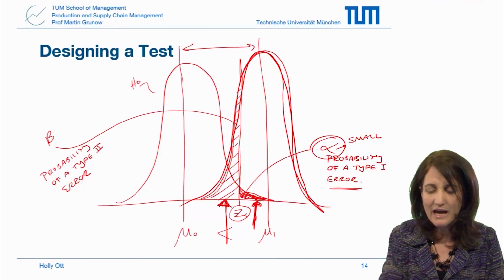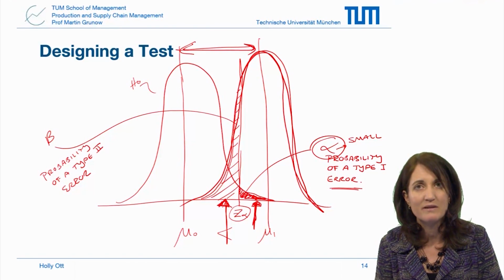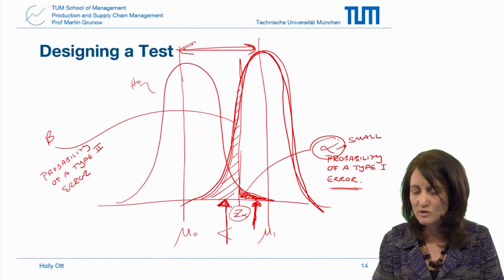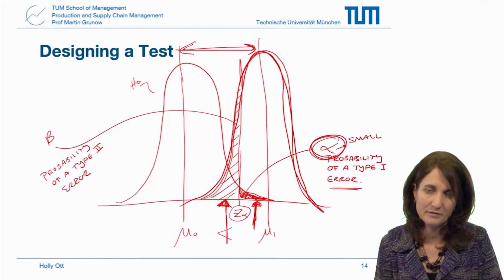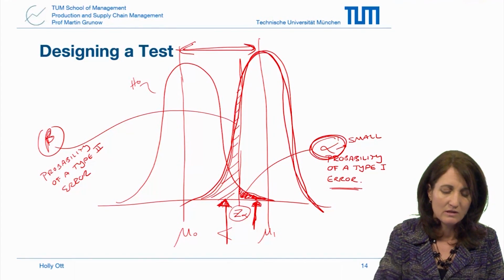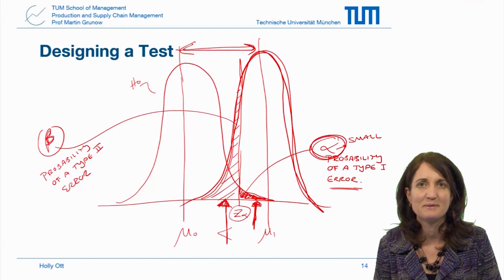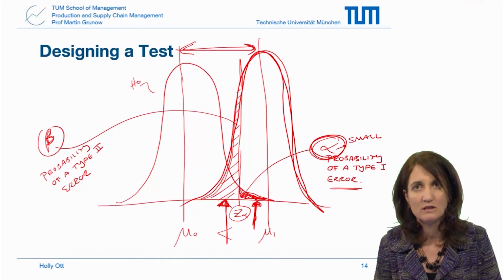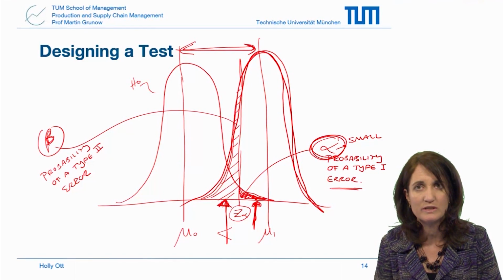But depending on how far away our distributions are, that depends then how big our beta value is. And to protect the consumer, we're more interested then in specifying our alpha value. So we specify alpha, and then depending on how the distribution is for the claim, that will determine how large beta is. So I hope that shows a little more clearly these ideas of producer's risk and consumer's risk.